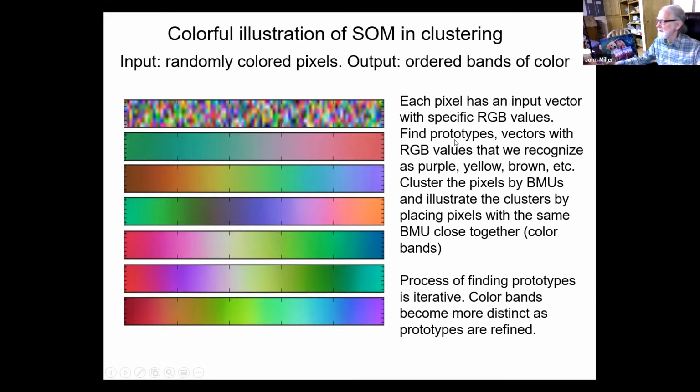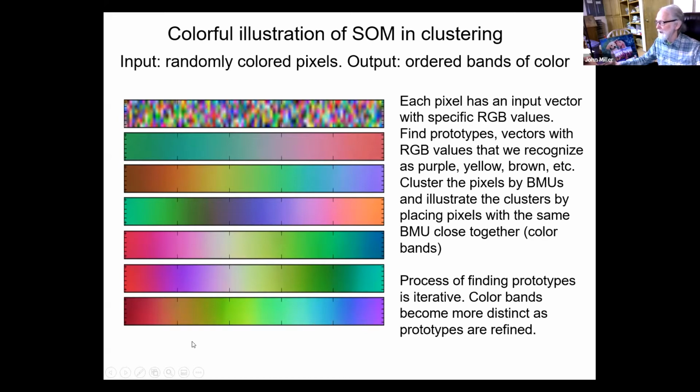The process of finding prototypes is an iterative process, and as we train more and more on the vectors in our data set, we get better and better prototypes of the colors, and eventually we get this set of color bands on the bottom row of this illustration, where we can begin to see most of the colors that are in these pixels: reds, browns, light greens, blues, and purples.